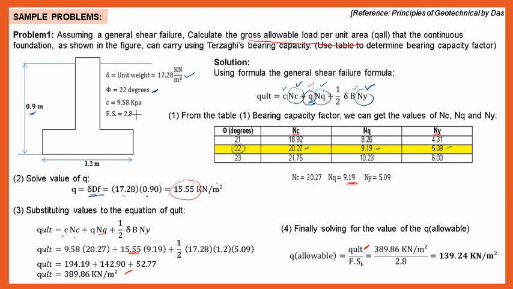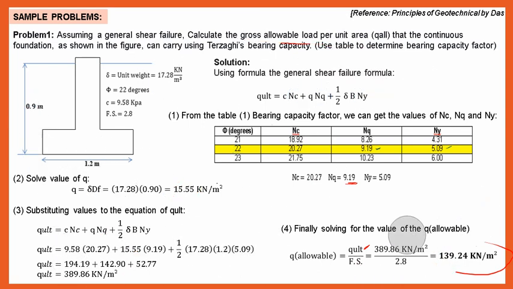Our given factor of safety is 2.8. This will result in 139.24 kilonewton per meter squared. Okay? So this is our allowable Q, and this is the answer for problem number 1.